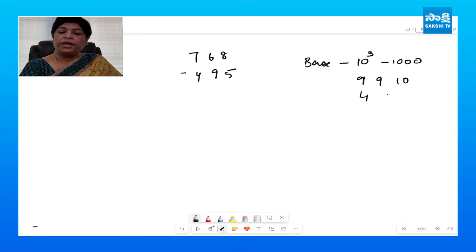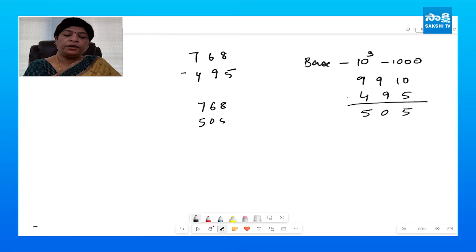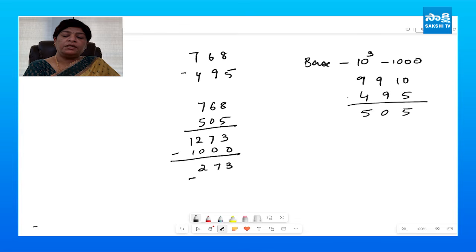So for 4, 9, 5, that gives me 505. So the Nikilam of 495 is 505. The third step would be to add the positive number and the Nikilam we just found. So 13, 7, 12. And the last step would be to subtract the base, which is 1000, from the sum we just calculated. So minus 1000, which gives us 273 as the answer for this problem.